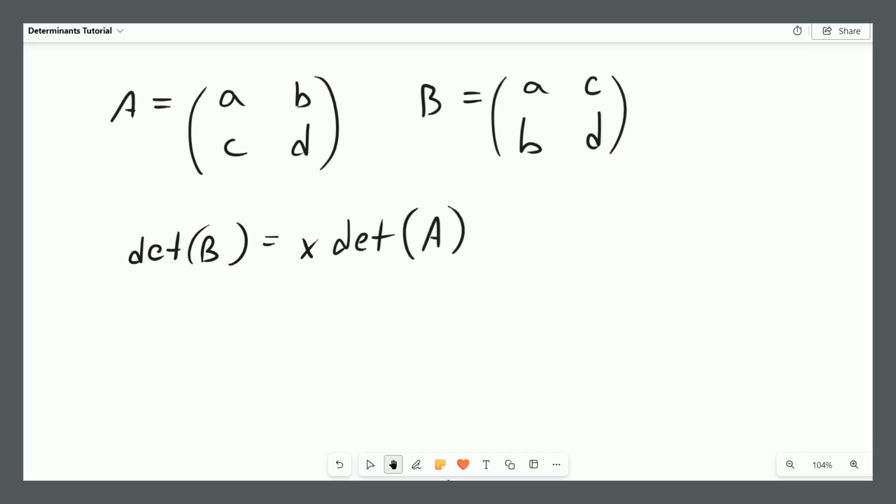Okay, here we have matrix A and matrix B, and we want to know the determinant of B equals what constant times the determinant of A?